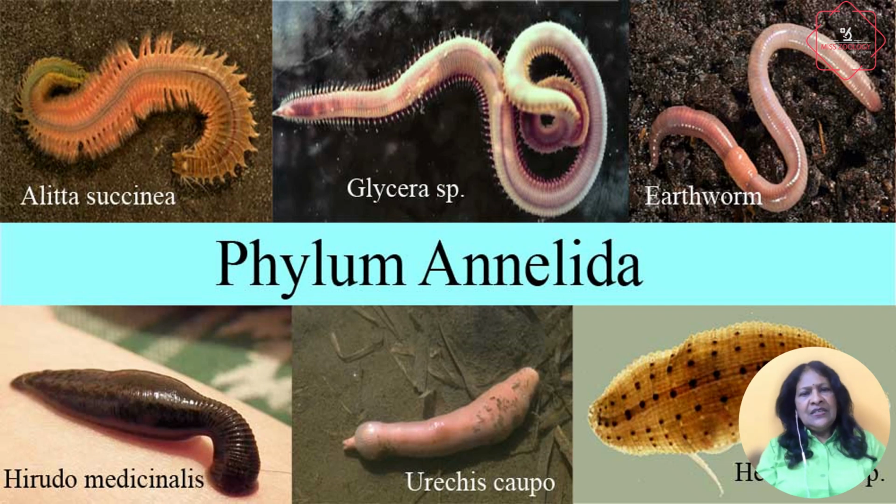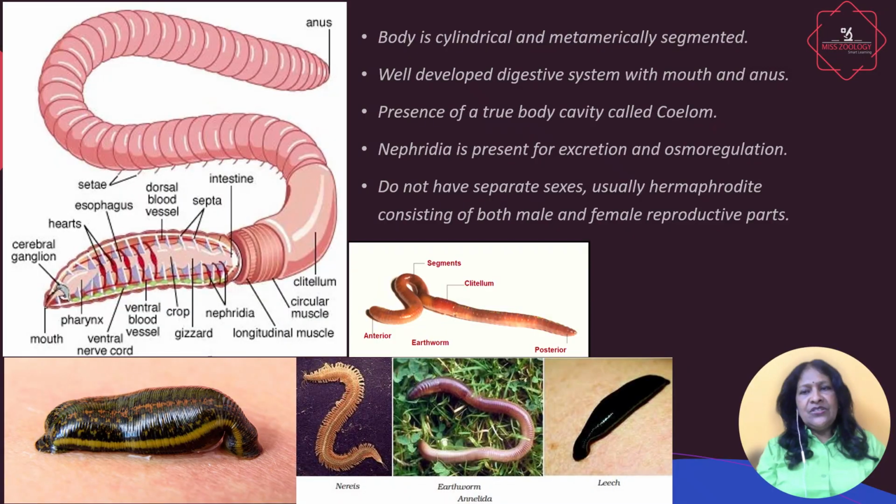Moving next is the phylum Annelida. Annelids are also worms, that is, they are also cylindrical, soft-bodied, elongated worms. But why called Annelida? Because their body is with annulus or ring-like segments which are metamerically segmented.